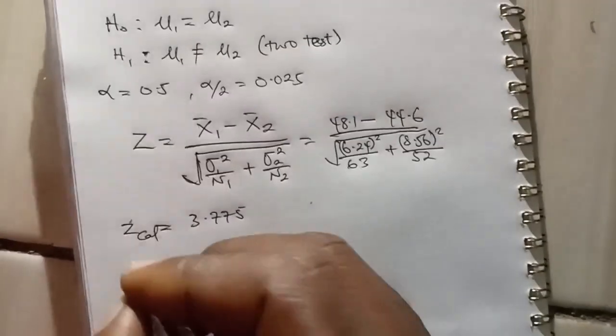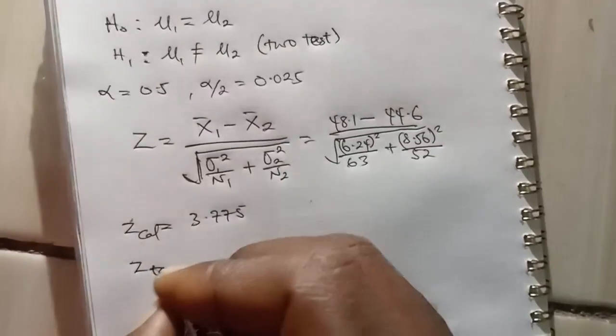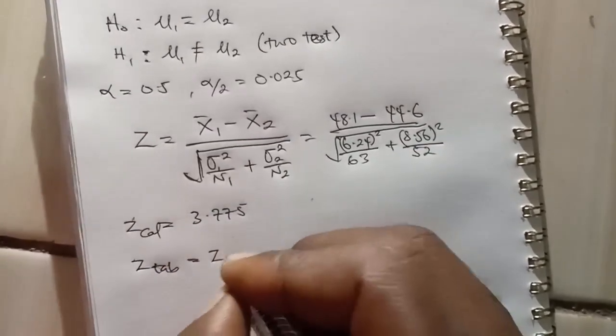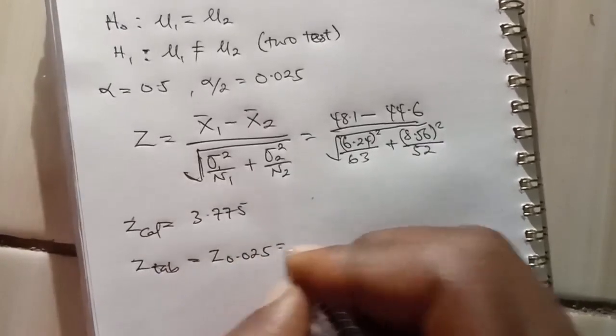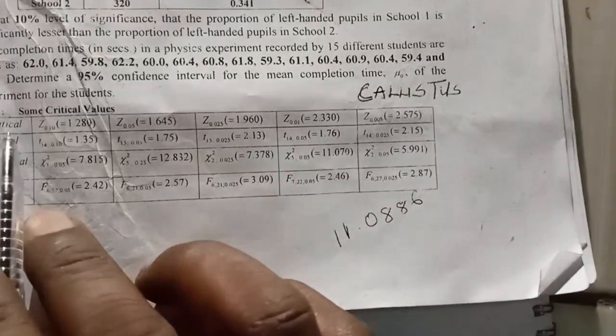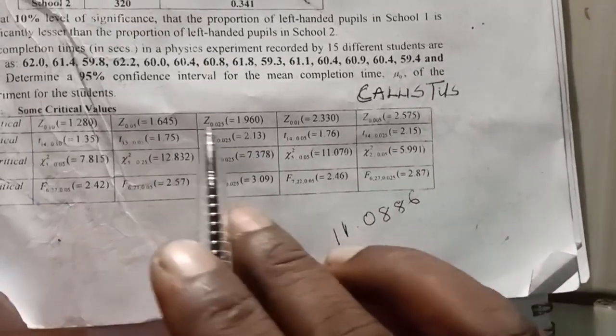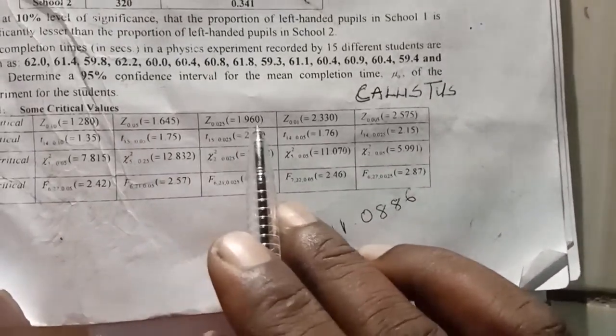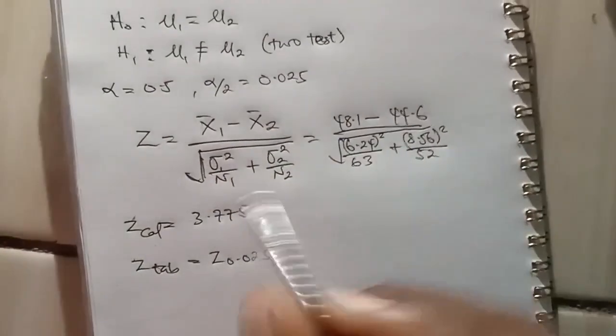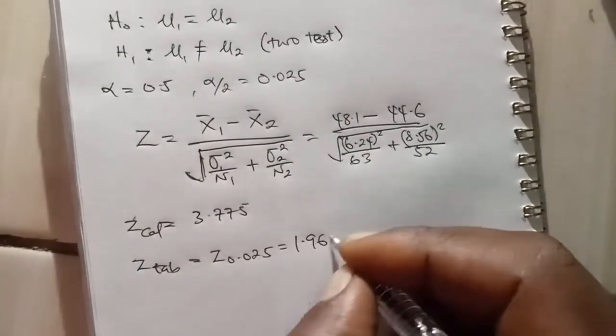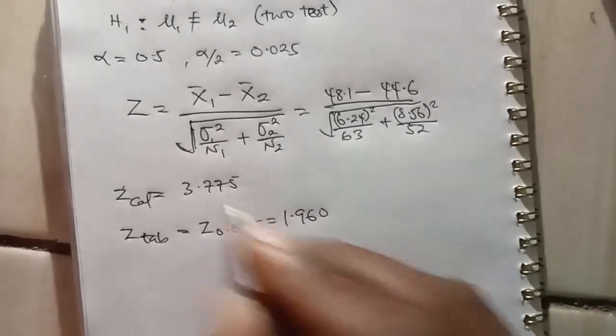The next thing is to calculate our z tabulated, which is our z 0.025, and the value from the table, z critical z 0.025 is 1.960. We compare the two of them.